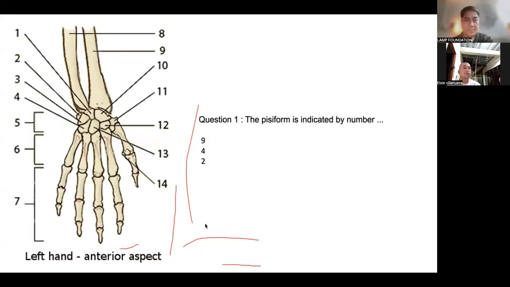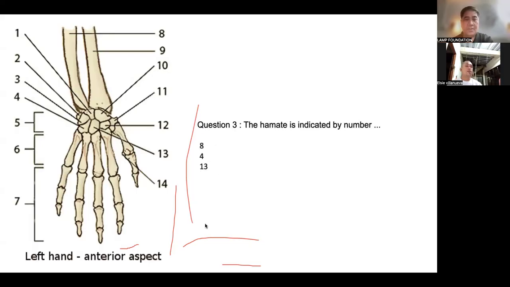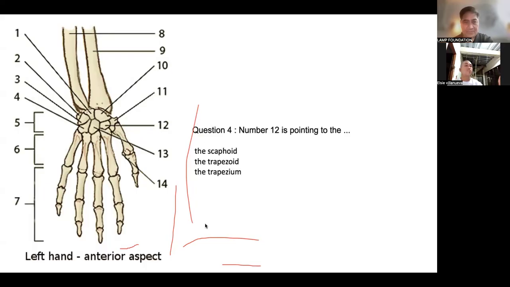Pisiform. Number 2. 5, pisiform. Carpals. Hamate. Number 4. 12, trapezoid.